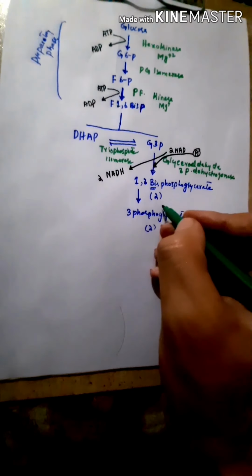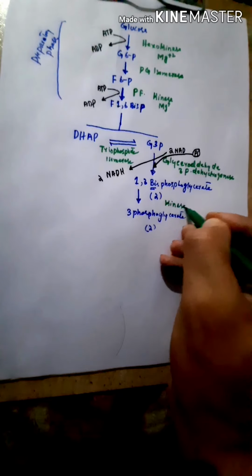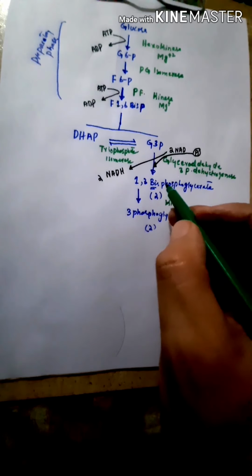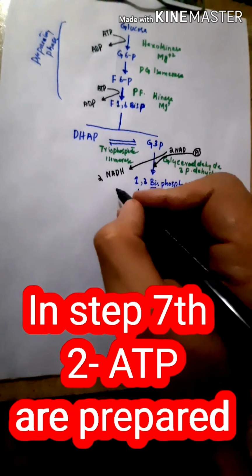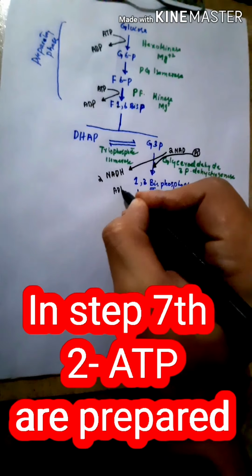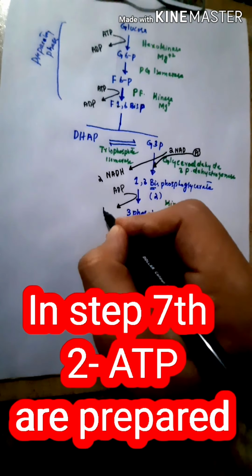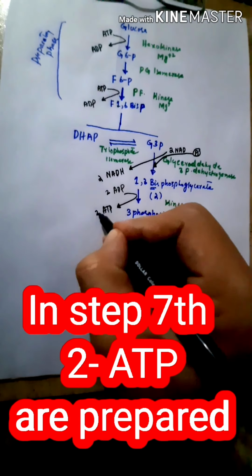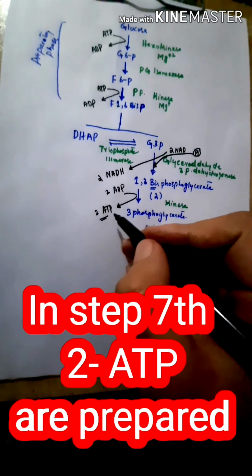This is done by an enzyme known as kinase. Here again I am discussing a kinase enzyme, so something related to energy occurs in this step. What occurs? Actually, 2 ADP are converted into 2 ATP. So this is actually step number 7.